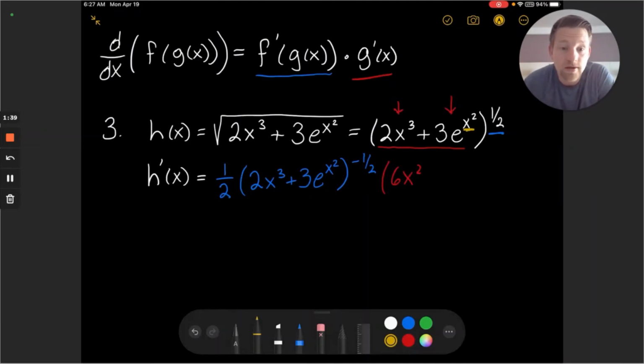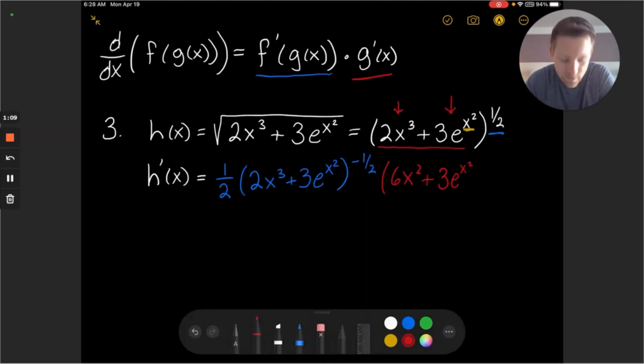When I consider taking an exponential derivative, I just want to rewrite that exponential and take the derivative of the inner function. In this case, the inner function is the exponent, which is x squared. So let's write that out. We're going to have plus, and the derivative of this next term is in two pieces. The first is 3e raised to the x squared, so we're rewriting our exponential.